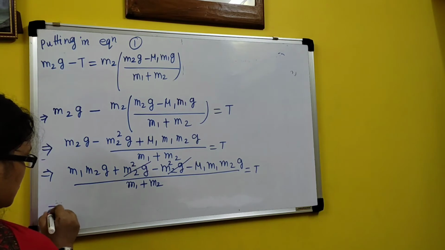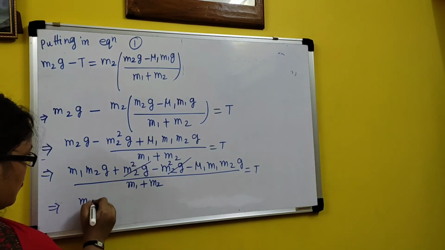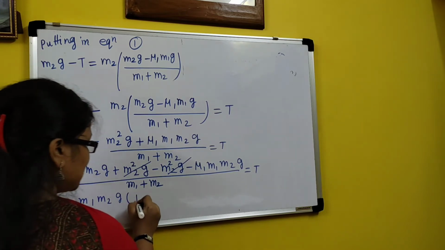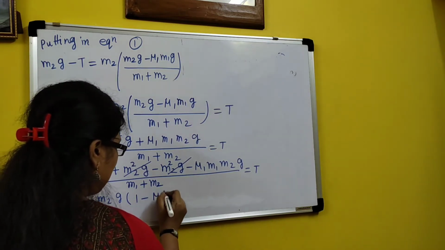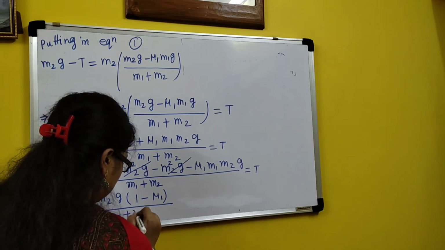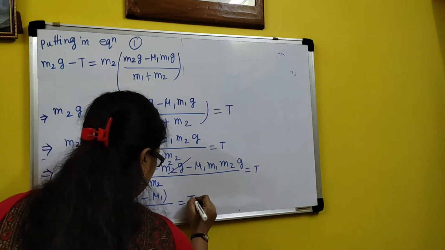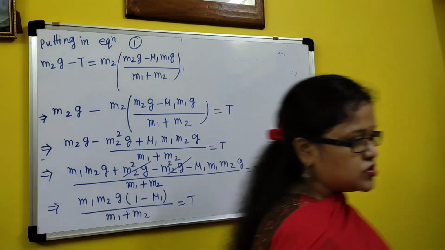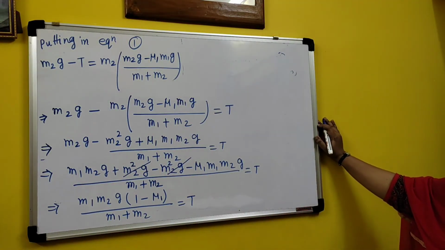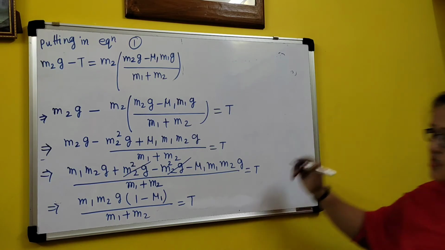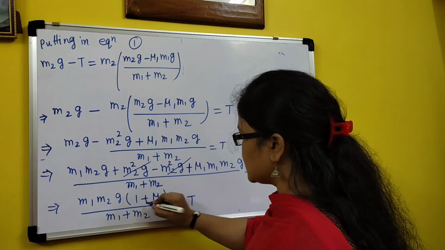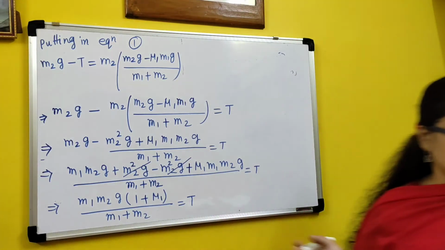Done. So m1 m2 g take common, that is (1 minus mu1) whole divided by (m1 plus m2), is the value of tensional force. Clear? The question gives a plus sign, what I have done is right, the minus sign is already multiplied. Other things are okay.